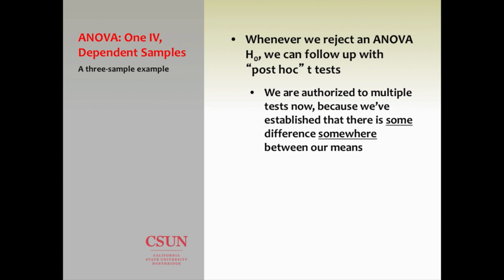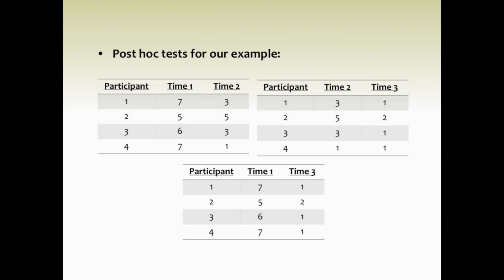We determine that there is some difference somewhere between our means, and now we're authorized to follow up with the tests because it's sort of been screened out. And so we're no longer as concerned about making an error now that we know that there is some difference somewhere. So we pair up our time points like so. In SPSS, you don't have to do this. I'll show you that it does this automatically for you.